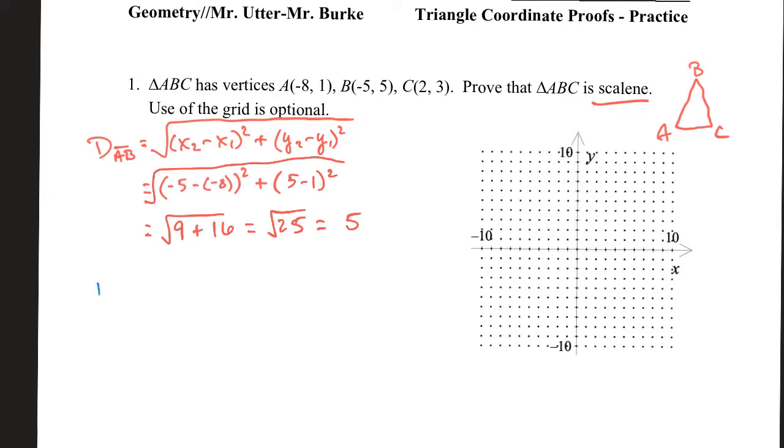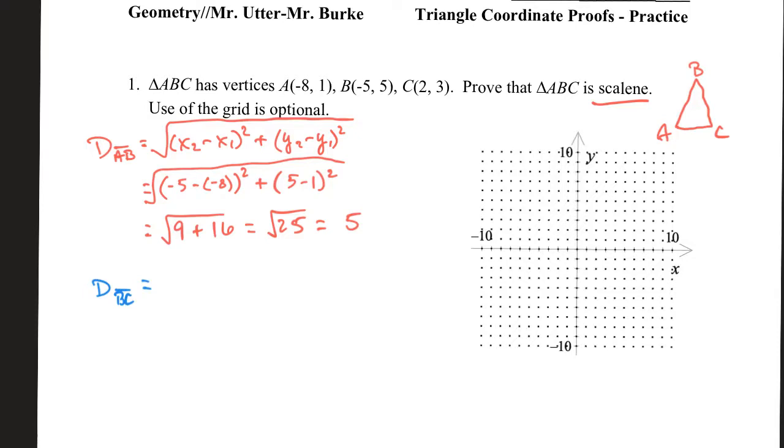All right, my next distance to do, I've already done AB, so let's just do BC, going around the acronym. So I got BC this time. If you notice, I have not labeled my x1s and y1s up here just because it's going to get too cluttered for my liking.